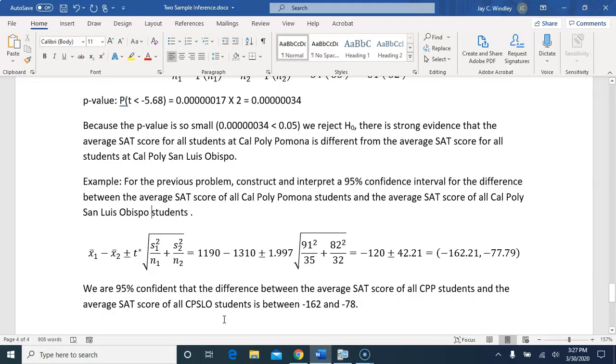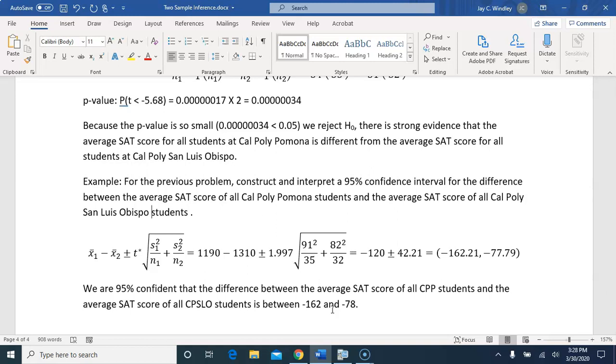So then the interpretation, we are 95% confident that the difference between the average SAT score of all Cal Poly Pomona students and the average SAT score of all Cal Poly San Luis Obispo students is between negative 162 and negative 78. So hopefully you feel like the flow of this is very similar to one sample procedures. The steps are similar.